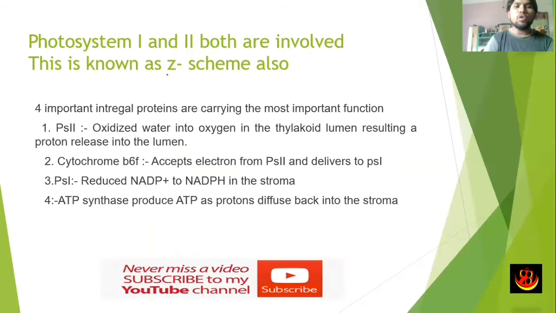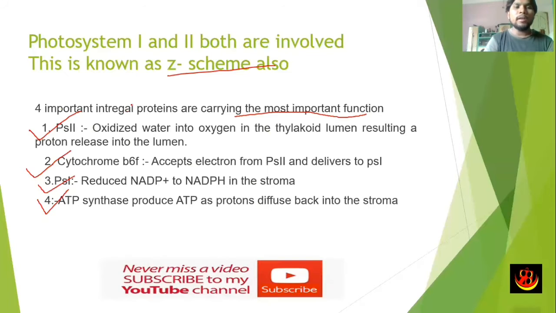So now we'll see how it happens. This is also known as the Z scheme, and here four important integral proteins carry out the most important functions: photosystem 2, cytochrome B6F, photosystem 1, and ATP synthase.